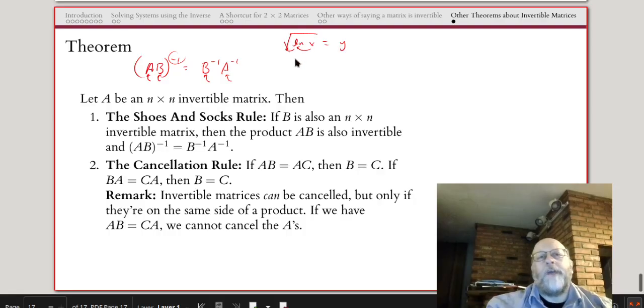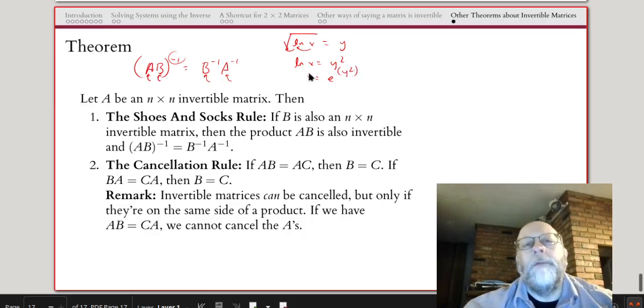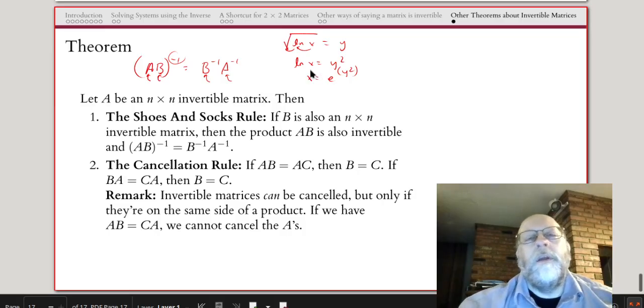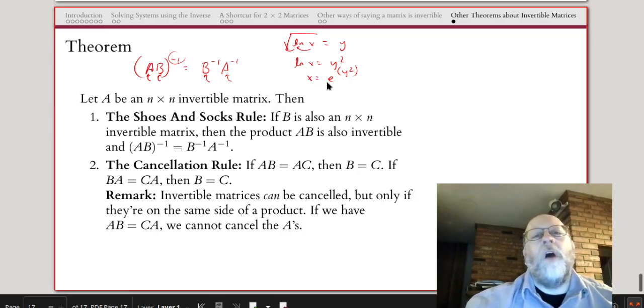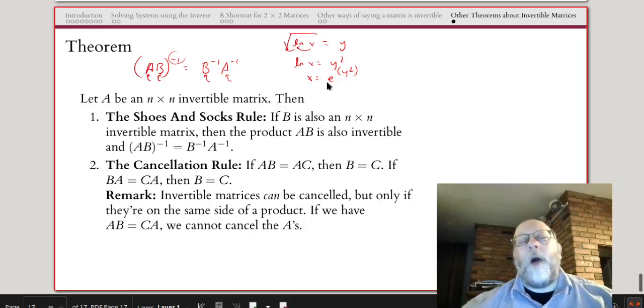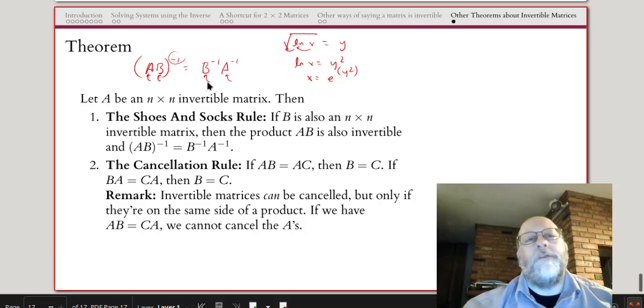You have to take the outside function off first. Then you take the inverse of the inside function off, and you get e to the y squared. And so you have to take the functions off from outside to inside, and we're doing the same thing here. So that's called the shoes and socks rule.